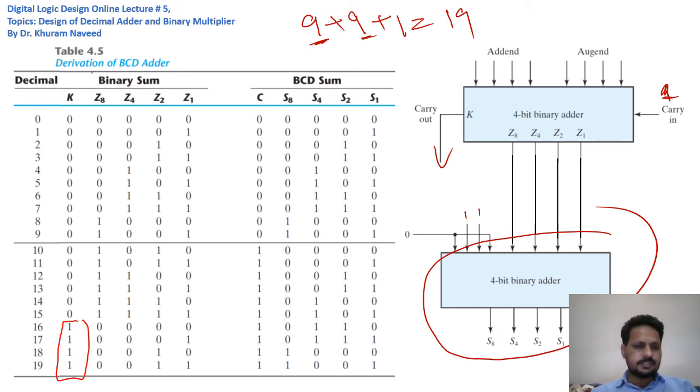So if this carry k is 1, it means the sum is either 16 or 17 or 18 or 19, which means we need to add 6 in that, right? So this particular output can be a possible condition to detect these numbers, right?